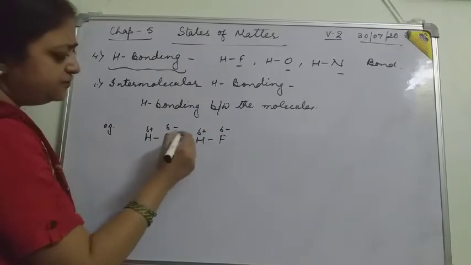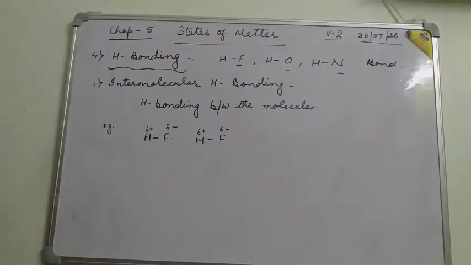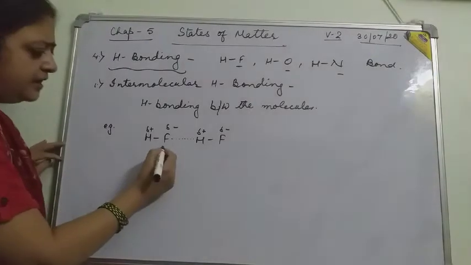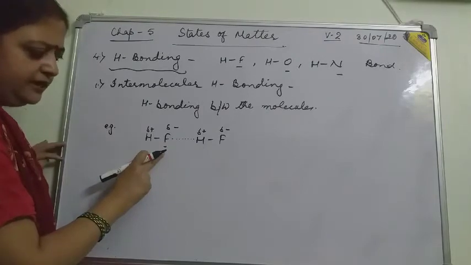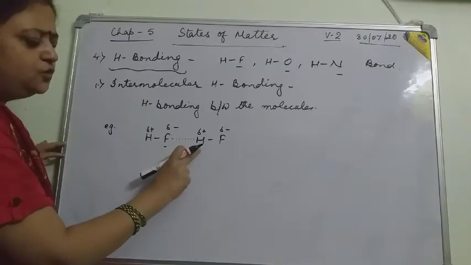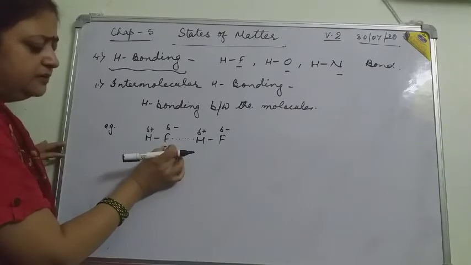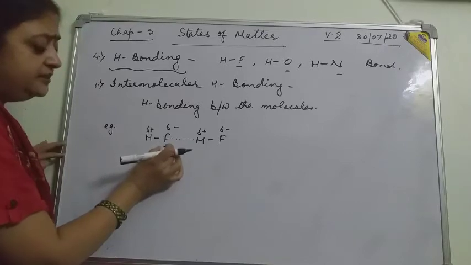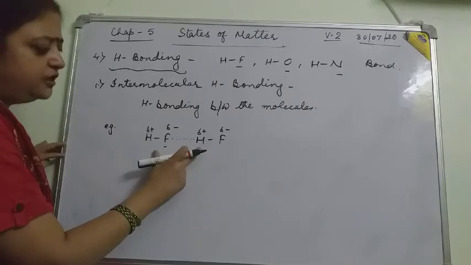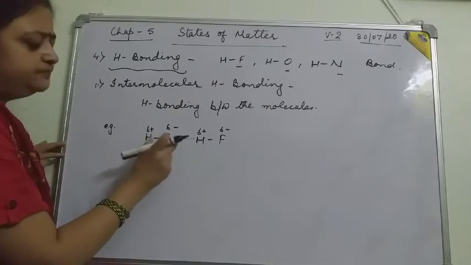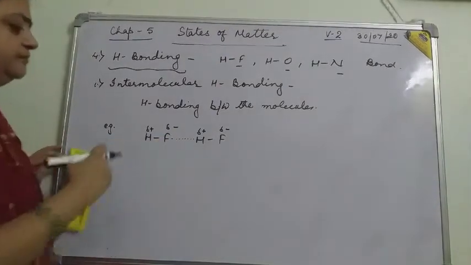Due to this there is an interaction between the hydrogen and the fluorine. There must be an atom of high electronegativity between the two hydrogens. The electronegativity of fluorine is so high that it can interact with both the hydrogens present within the range of this fluorine atom.